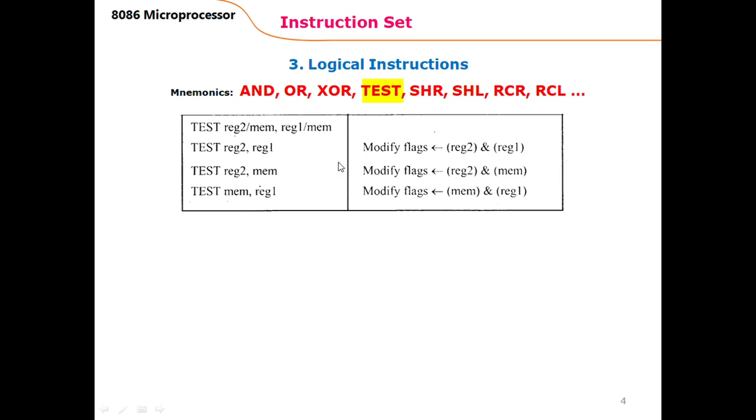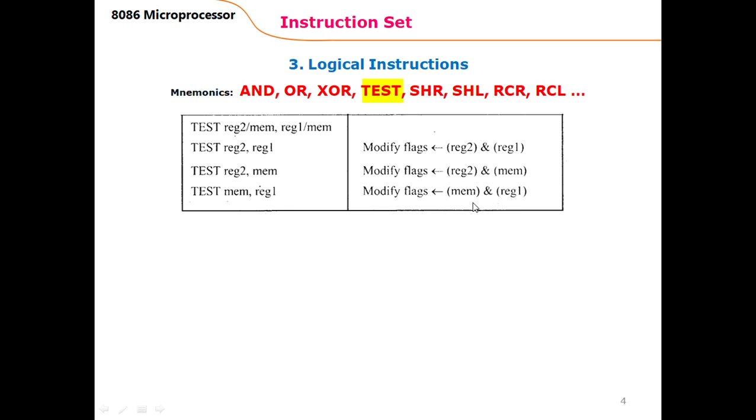In the second form, one of the operands is a memory location while the other is a register. In this case also, the value from this memory location is ANDed with the value from this register, and some flag bits are modified as a result of this AND operation. In the third form, the first operand is a memory location while the second operand is a register.